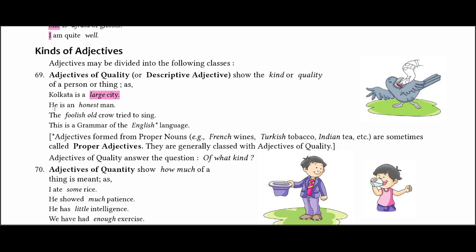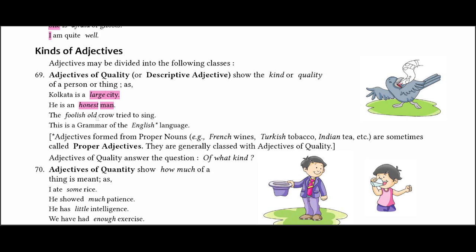Look at the second statement. He is an honest man. Man, this word man denotes a person. So it's a noun. This word honest that has been used alongside this noun describes our noun, man.